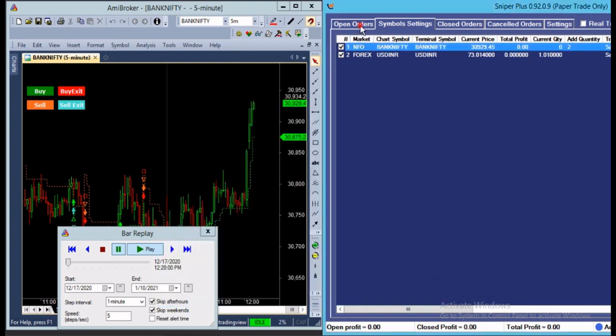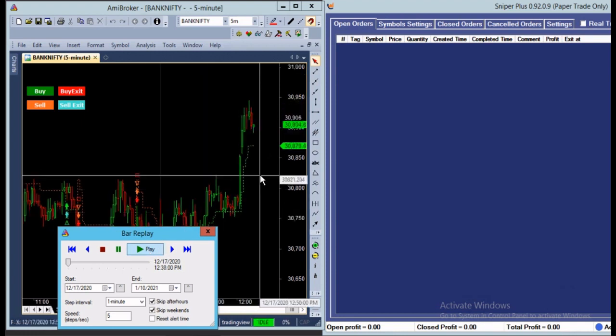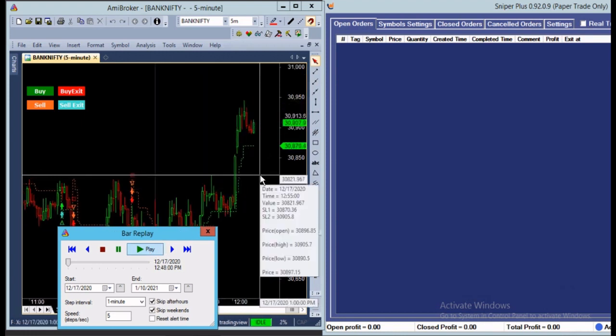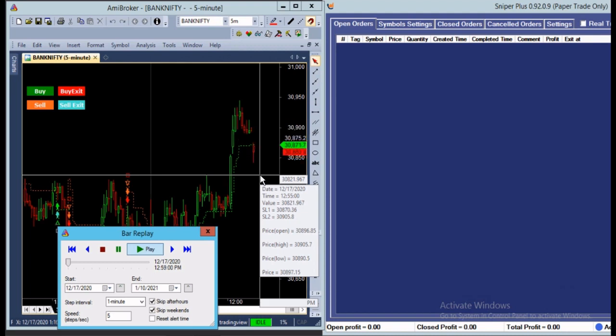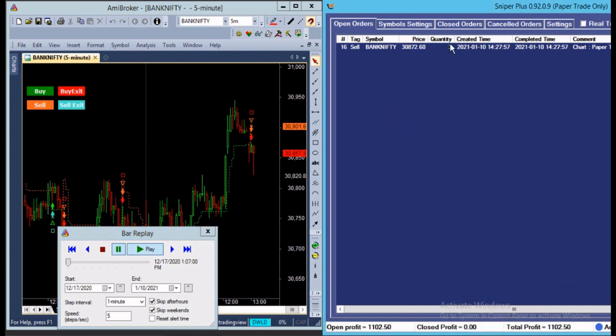Now here in open order, play in the chart. Now we got a sell call, and the sell call has quantity 3.